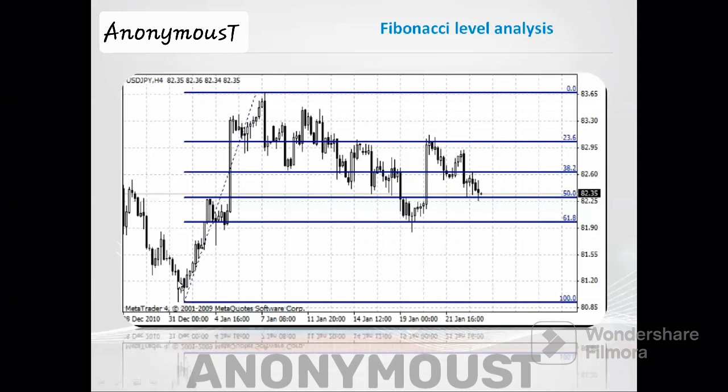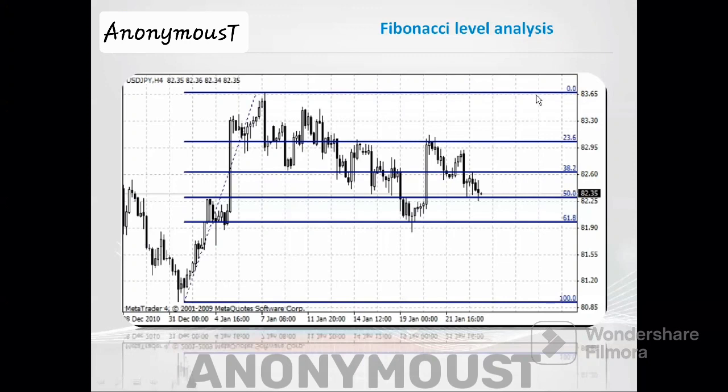Now whenever you see the price movement, it finds the first resistance at this point, 618, which is a very important level. The moment it crosses 618, there are small resistances at 50, 32 and 23. But the main resistance it finds is at the 0 level.